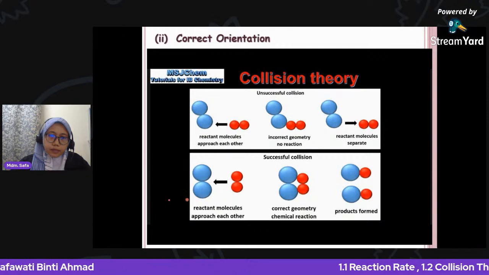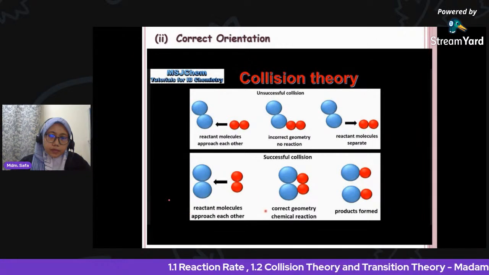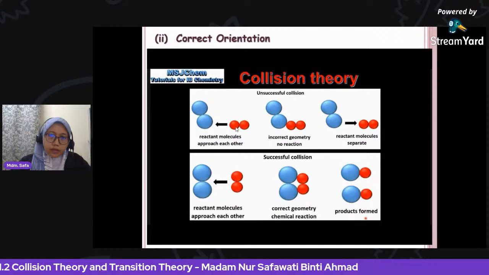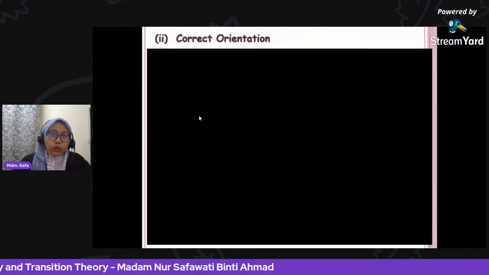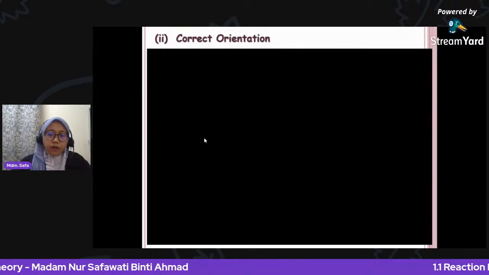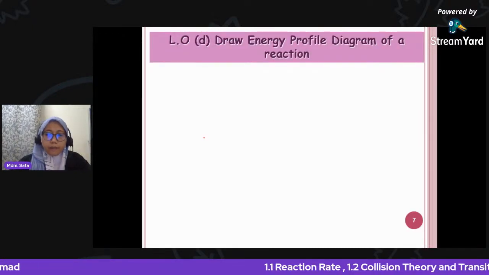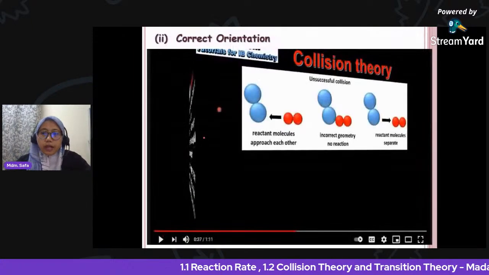Once again, the reactant molecules approach each other, but this time they collide with the correct geometry, a chemical reaction takes place, and the products are formed. Alright, itu menjelaskan what is the correct orientation, ada successful and unsuccessful reaction. And then we go to the next one.